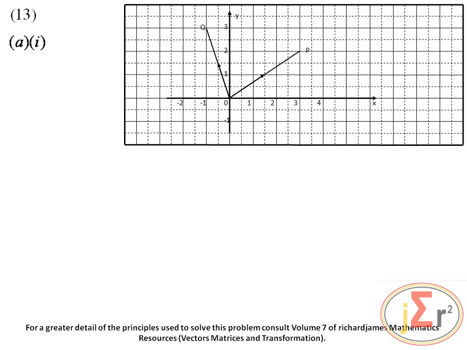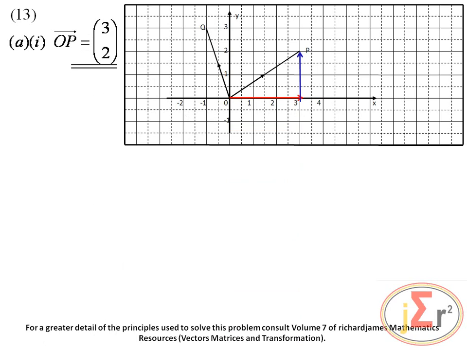So given the following diagram, we are required to write the vectors OP and OQ in the form of column vectors. So let's go straight ahead. OP is 3 units in the positive x direction, 2 units in the positive y direction.